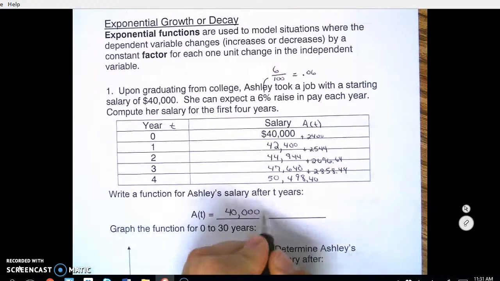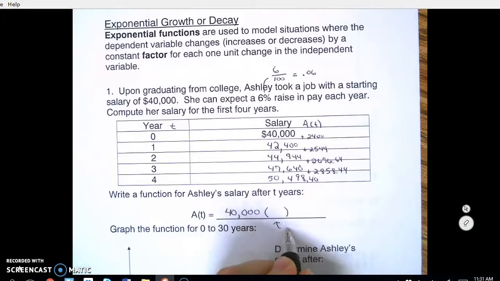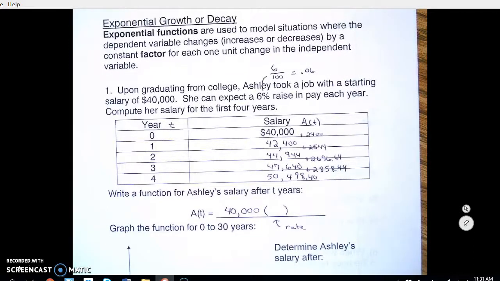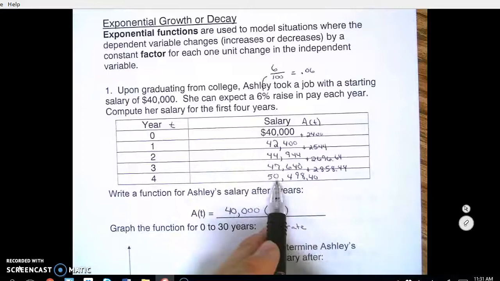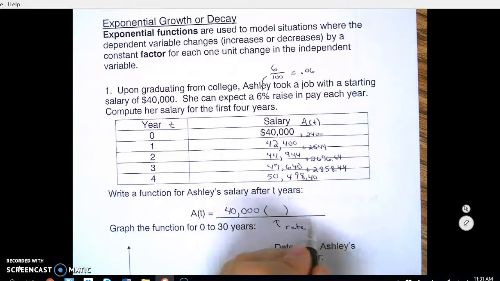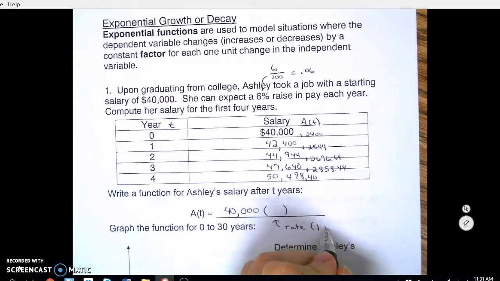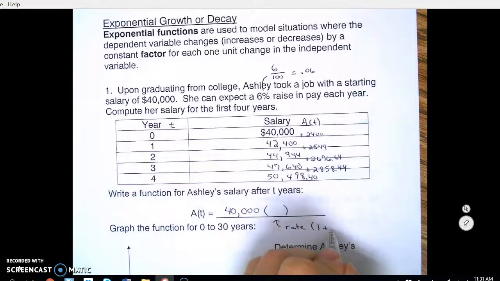Now, the base is going to represent the rate of increase or the rate of decrease. So in this case, her salary is increasing. So to find the rate, we would take 1 for 100% plus the rate, which is 6%.